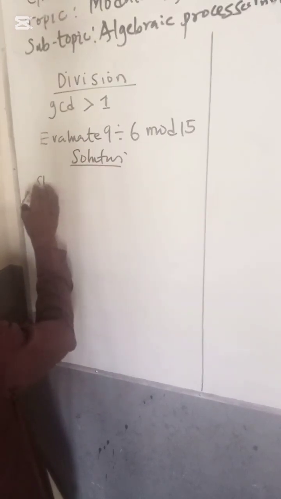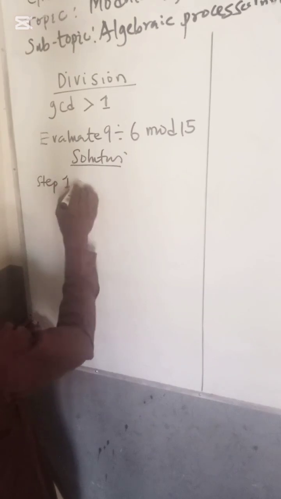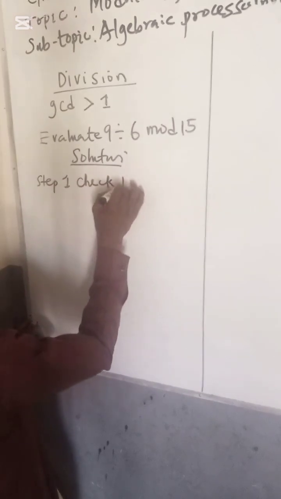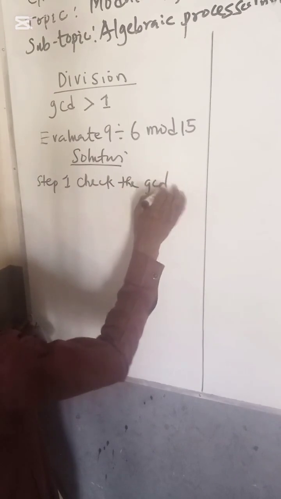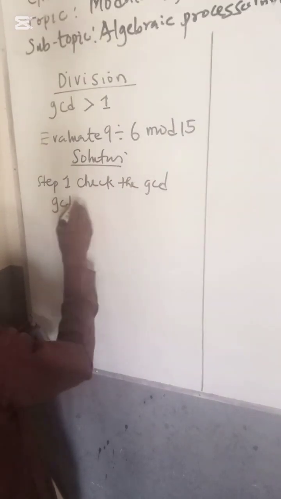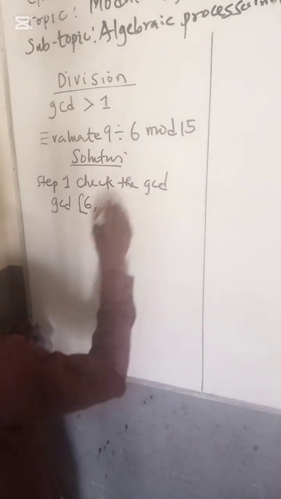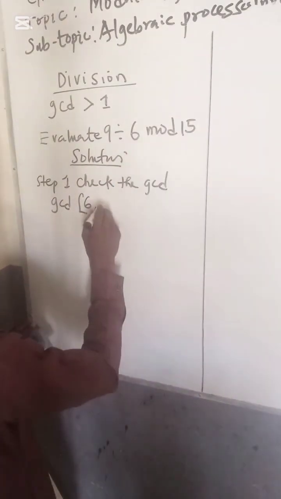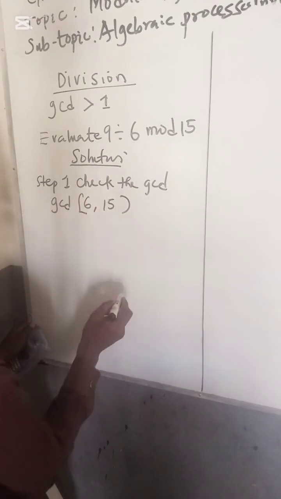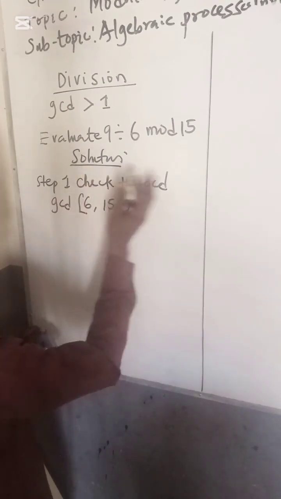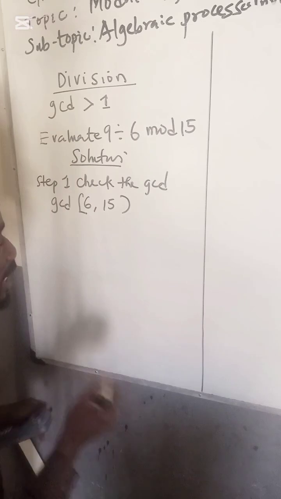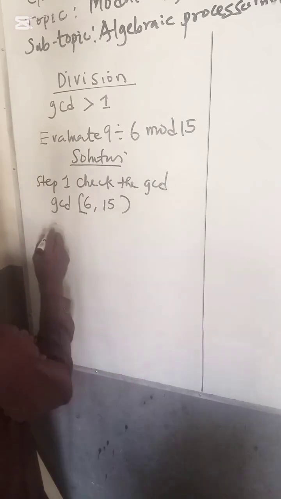step 1, check the GCD. Now, our GCD here for what? The divisor, which is 6, and the dividend, the moduli, which is what? 15. Now, there are parameters that we need to itemize or name.